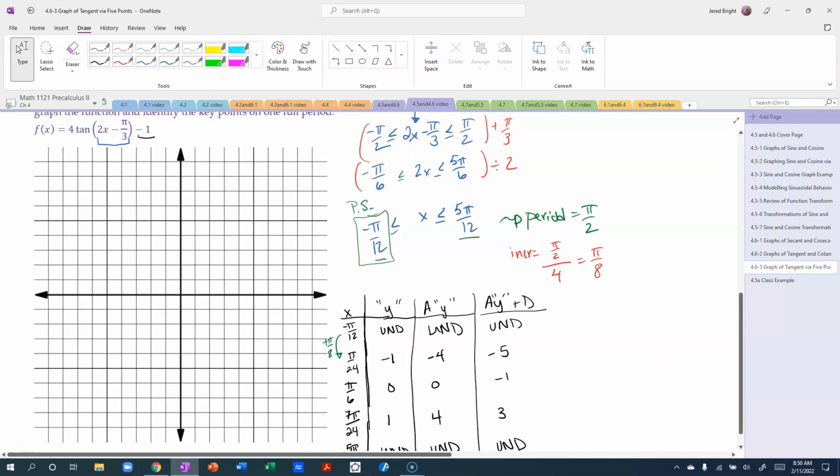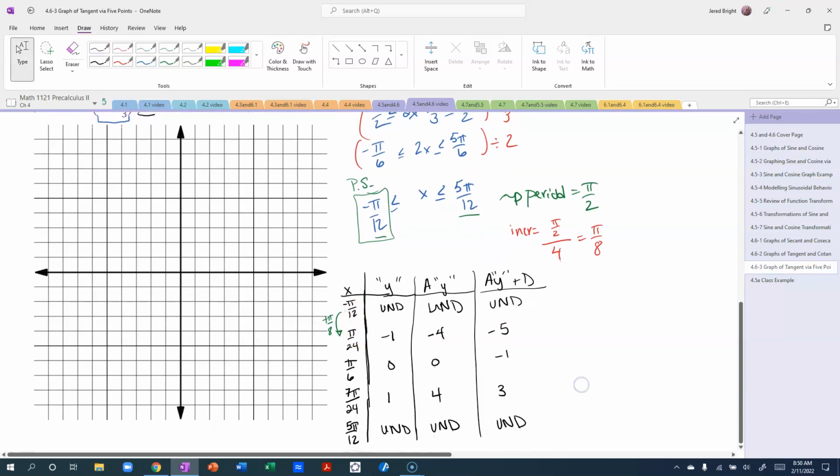All right, so vertically I'm going to be fine. I don't have to do much work. The horizontal work is going to be kind of interesting. So what I'm going to do is say that this right here is minus pi over 12.